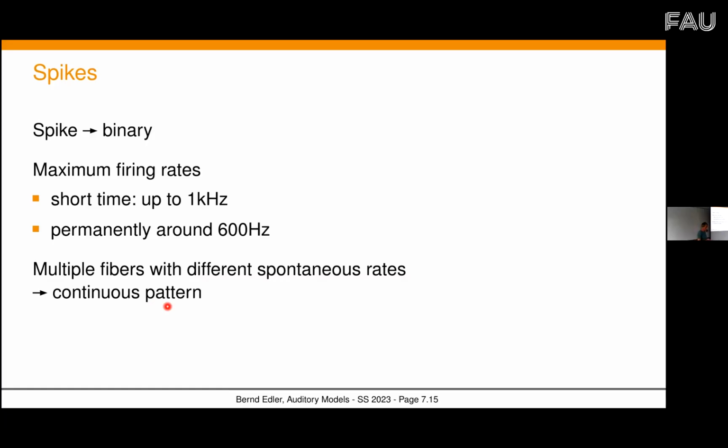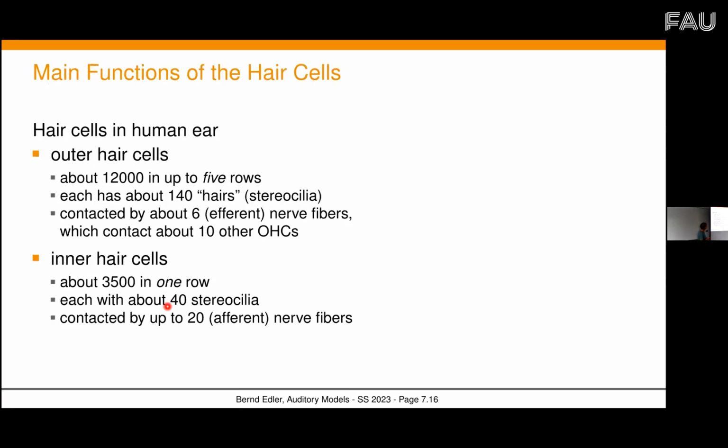This is a bit of a summary of what we saw before. And some other things which might be interesting. First, again, coming back to the outer hair cells, we have about 12,000 outer hair cells. They're in the human auditory system in up to 5 rows.